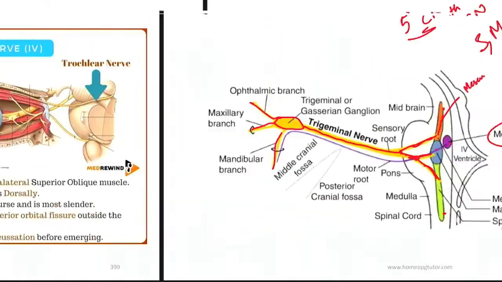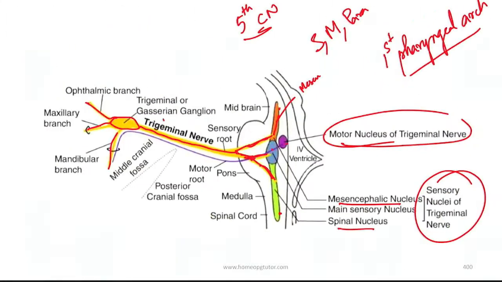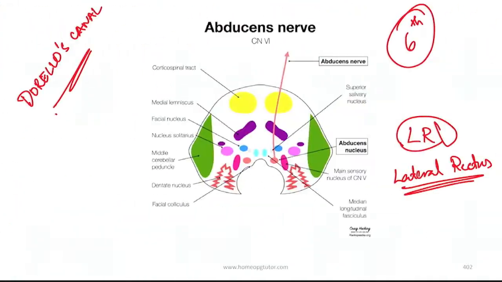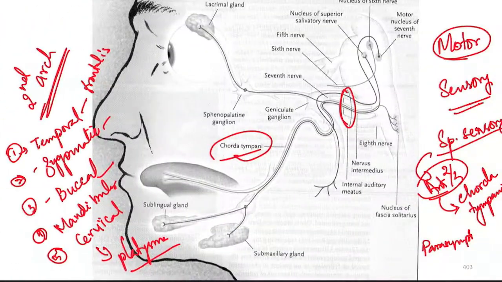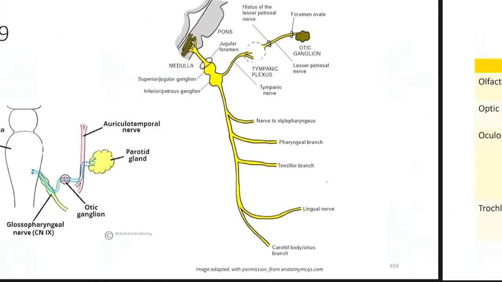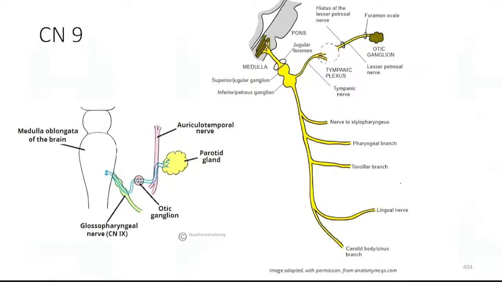We have the trigeminal ganglion for the trigeminal nerve, the sphenopalatine ganglion, and the geniculate ganglion in the case of the facial nerve. Similarly, there is something called the otic ganglion, which is present with respect to the glossopharyngeal nerve. That is the only thing you need to remember over here.